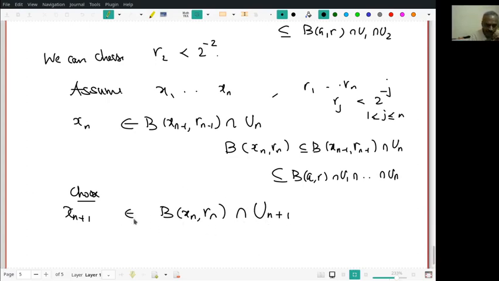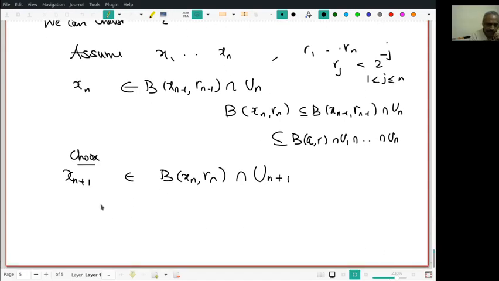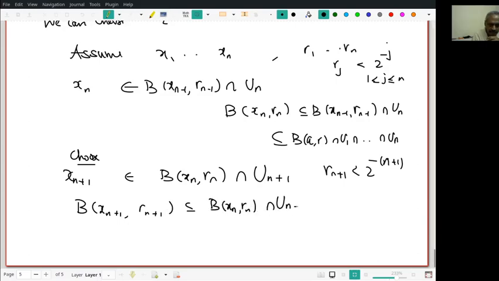Therefore there exists xn plus 1, and again an open ball of radius Rn plus 1, which is less than 2 to the power minus of n plus 1, so that B(xn plus 1, Rn plus 1) is contained in B(xn, Rn) intersection Un plus 1.